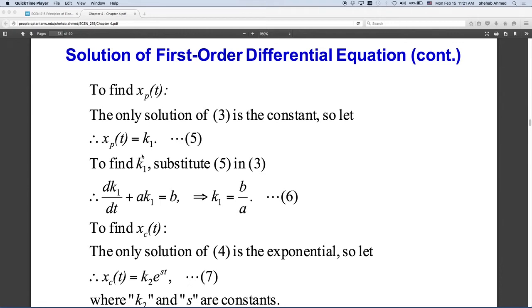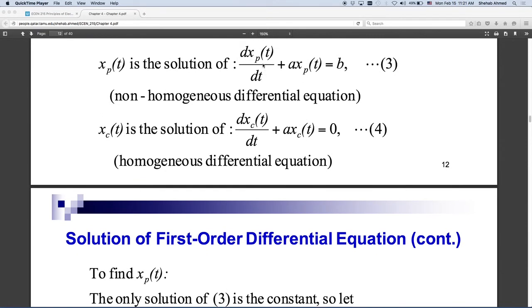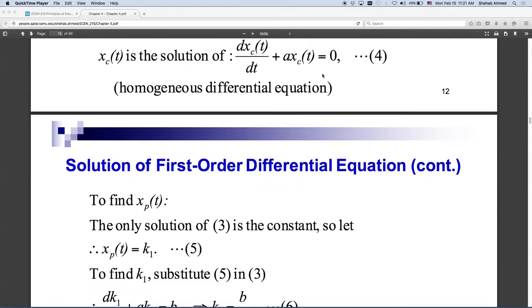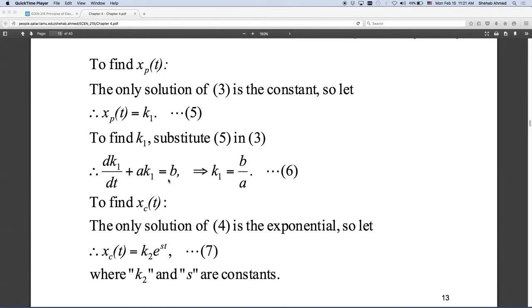So if x of t is k1, then plugging it back into the general equation that we have here: dk1 by dt plus a times k1 equals b. So that's what we have here, dk1 by dt plus a k1 equals b. This is 0. The solution, k1, is a constant, right? So since k1 is a constant, then k1 is equal to b over a.